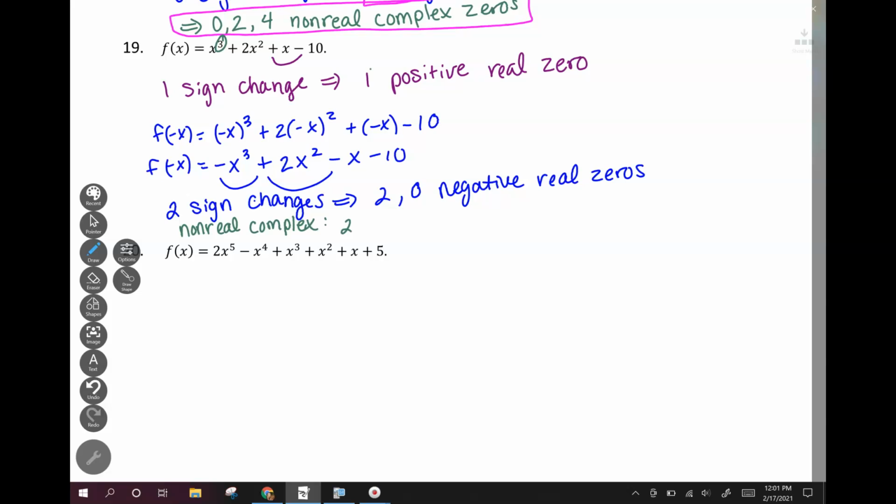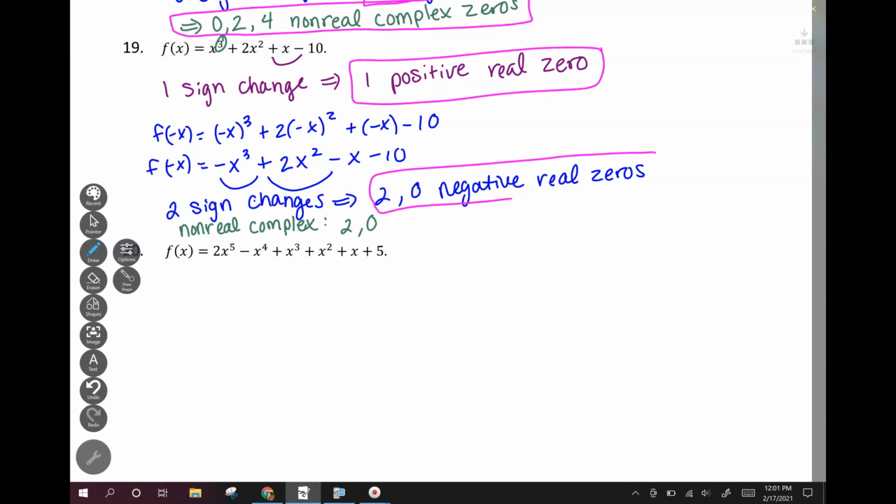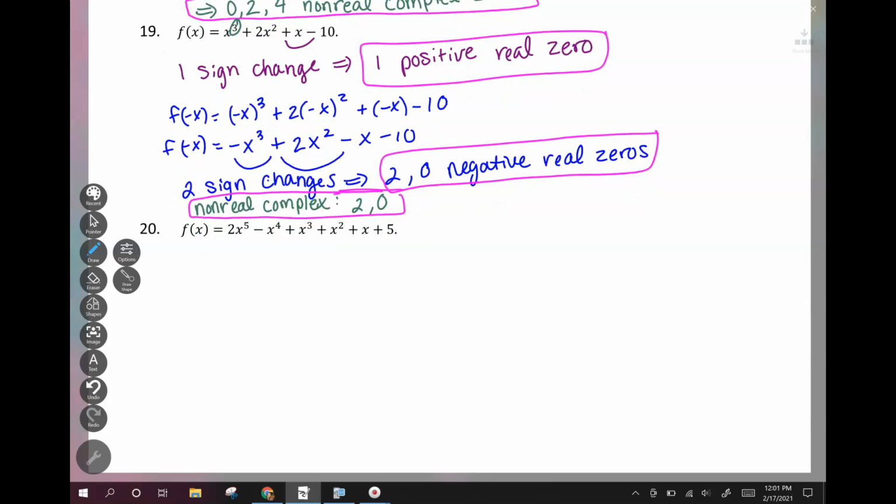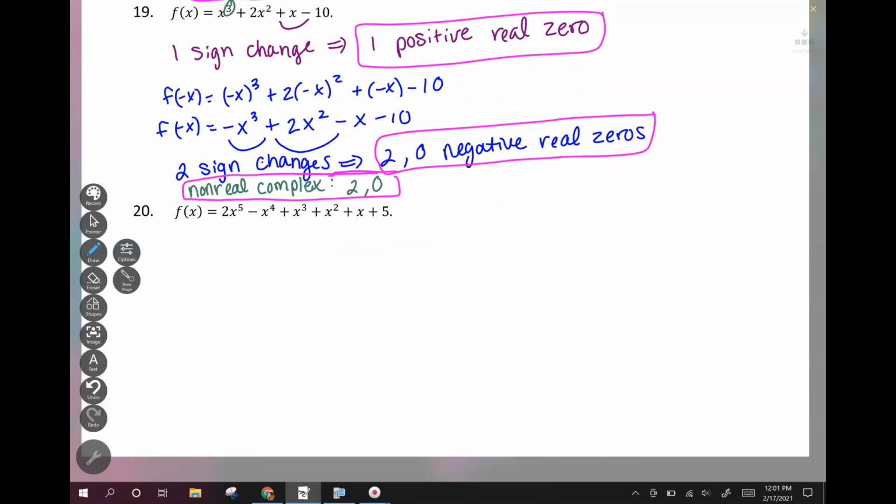Or I could have 1 positive and 2 negatives, and that would leave me with 0 non-real zeros. If 1 is positive and 2 are negative, then I don't have any more zeros, and so I just have 2 or 0 there. So you're just kind of seeing what would be left over for the non-real zeros.